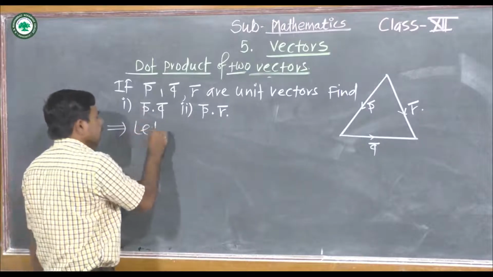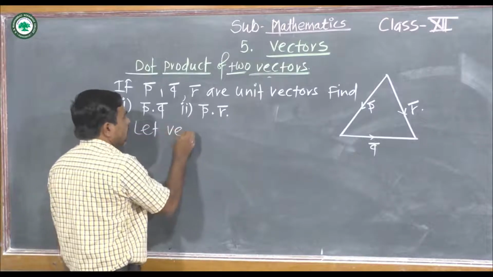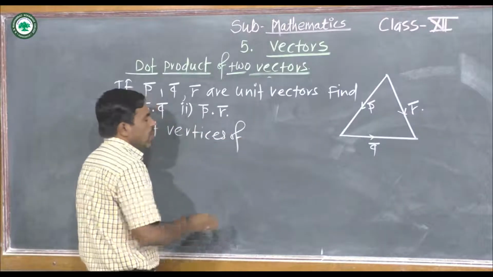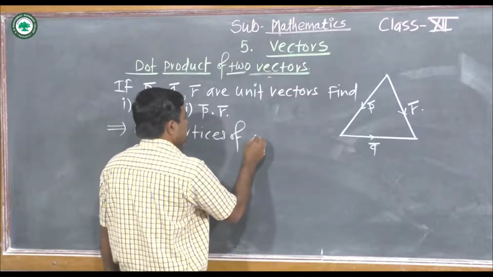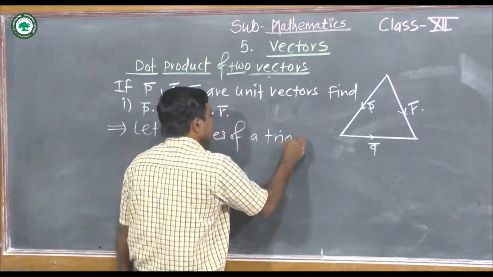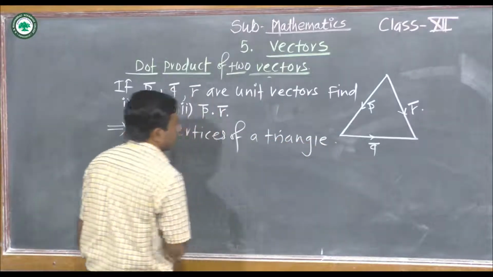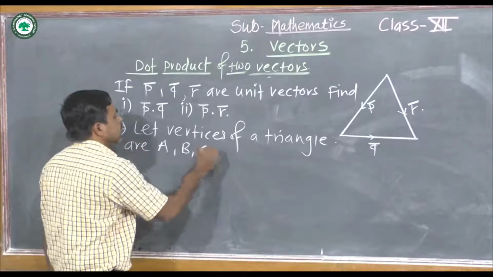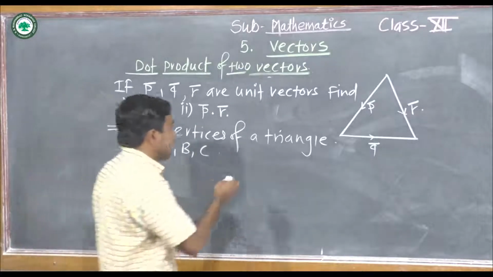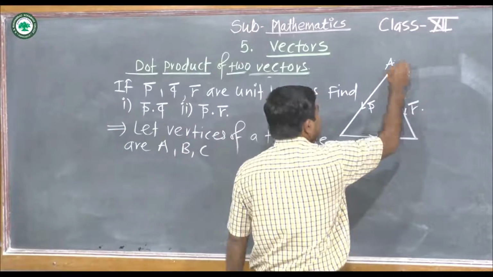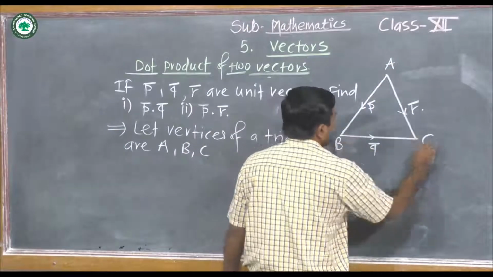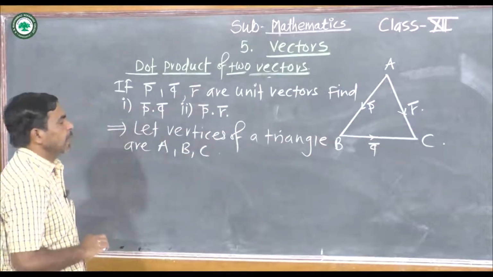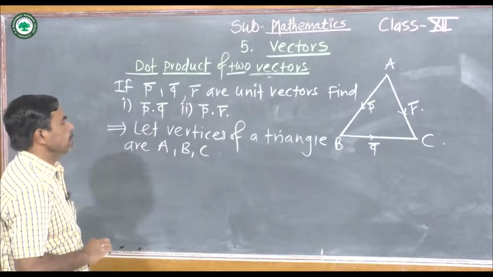Let the vertices of a triangle be A, B, C. Means this triangle is ABC.